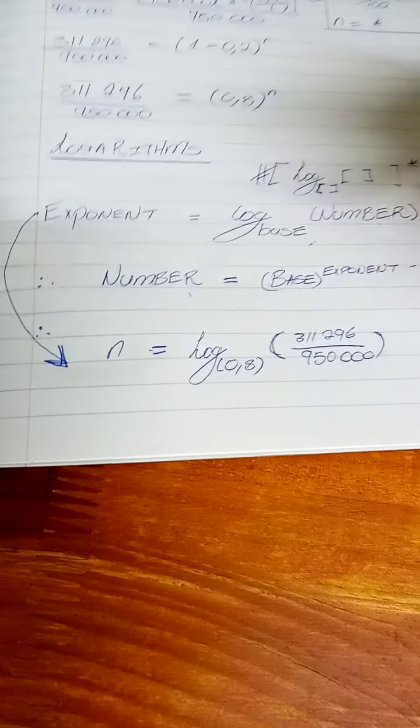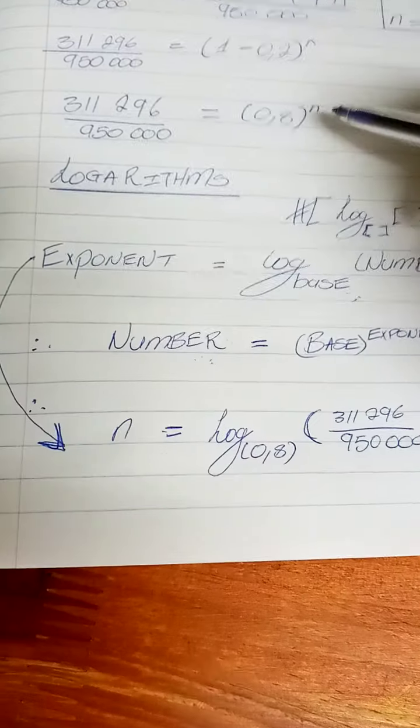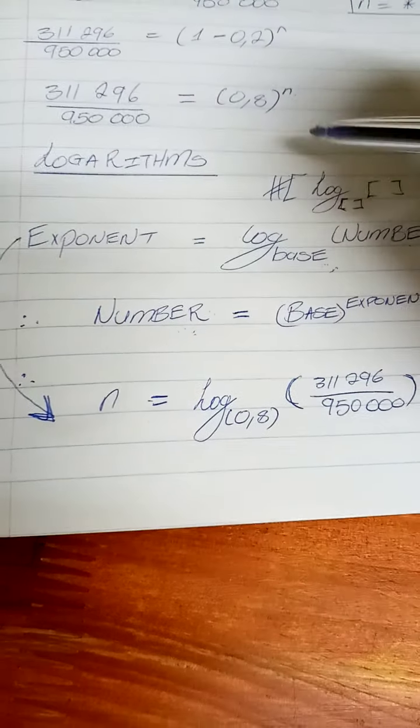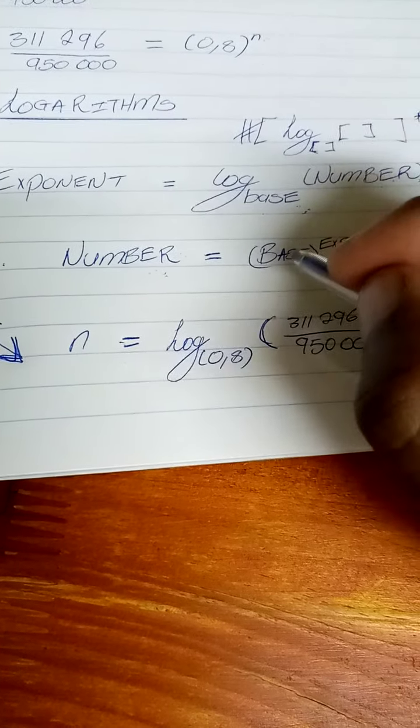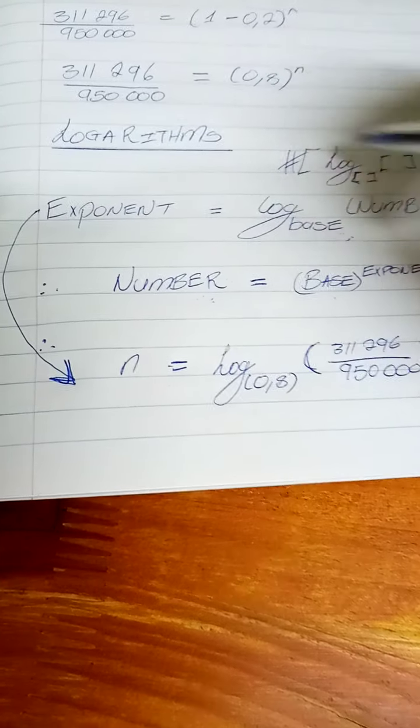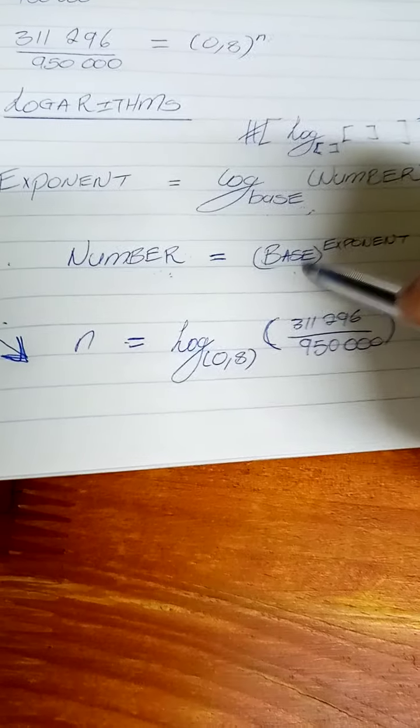As you can see, the exponent is n, which was right here, and then log base was 0.8 as it is here.